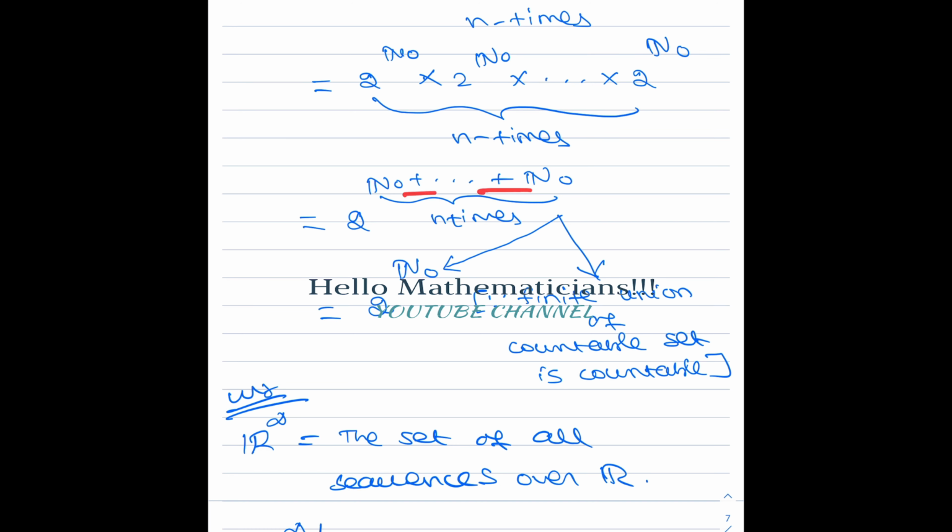So we add the cardinalities when we take the union of sets, right? If you take the union of two sets, then you take the sum of the associated cardinalities.